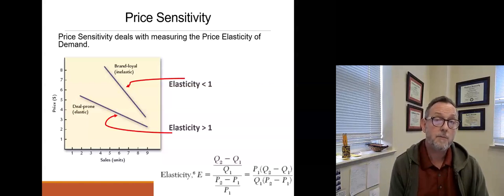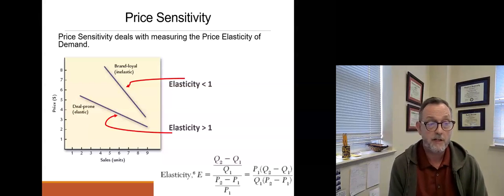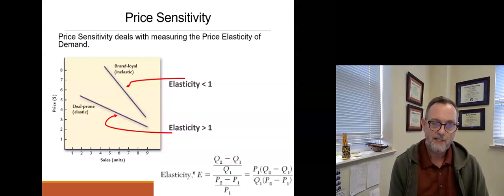Or you might see this across product categories, of course. In some products, we have products that people need regardless of the price, gasoline for instance, and we have other products that people don't need, like ice cream. And so fluctuations in the price of ice cream have a big effect on sales.